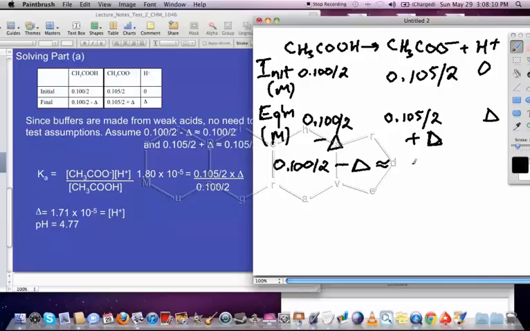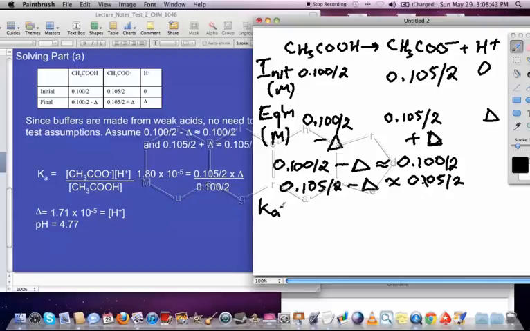Because if it wasn't a weak acid, it wouldn't be a buffer to begin with. So we can assume that 0.100 over 2 minus delta is just equal to 0.100 over 2, and 0.105 over 2 minus delta is equal to 0.105 divided by 2. So like I said, I don't have to test that assumption.